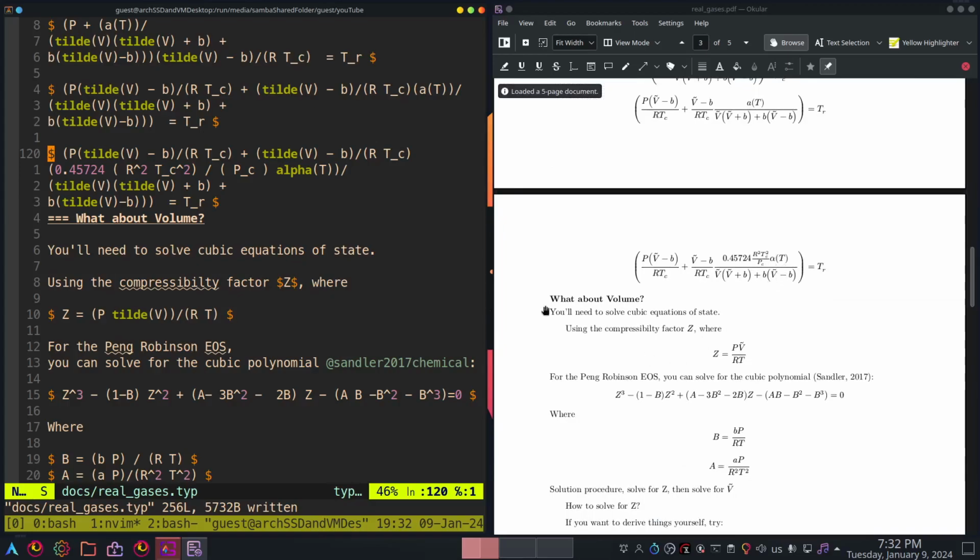So that's the alpha t term. Now this is messy, but at least this 0.545724 r square t square over PC, all of this is known.